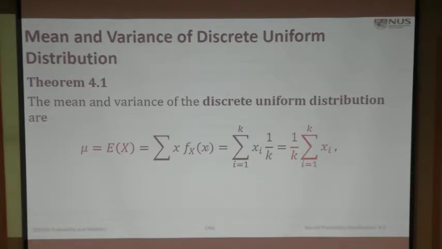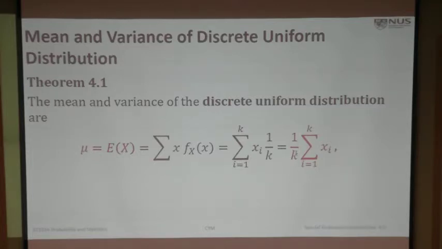And that's equal to what? Well, the random variable X can take the values x1, x2, x3 up to xk, so I can take the sum over i from 1 to k of xi, and the probability of taking the value xi is 1 over k. So the mean is just the sum of the xi's times 1 over k. That's the average value of a discrete uniform distribution.